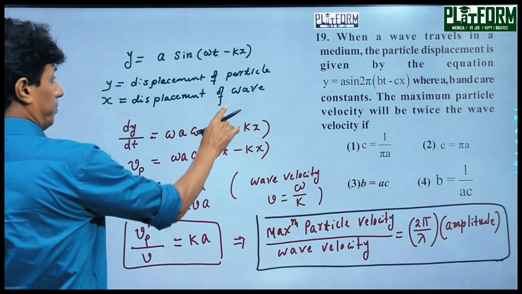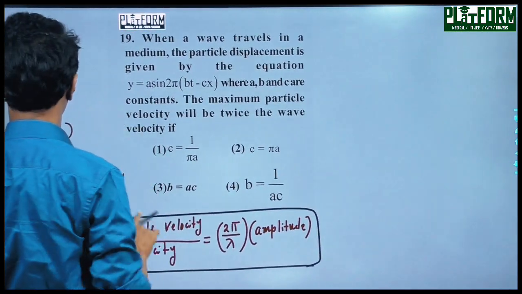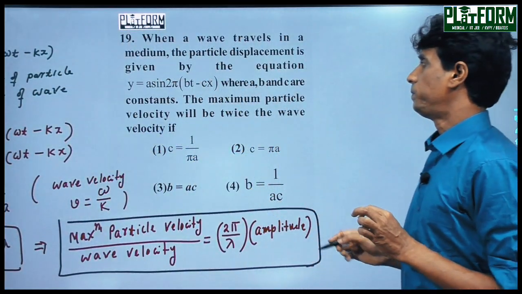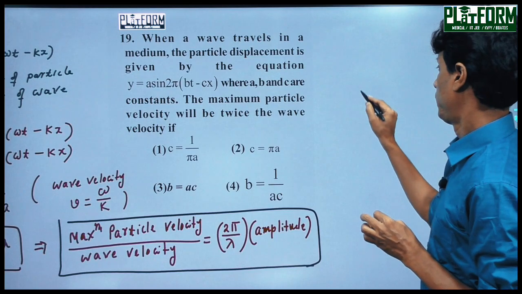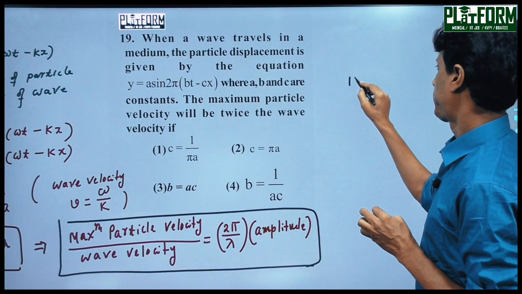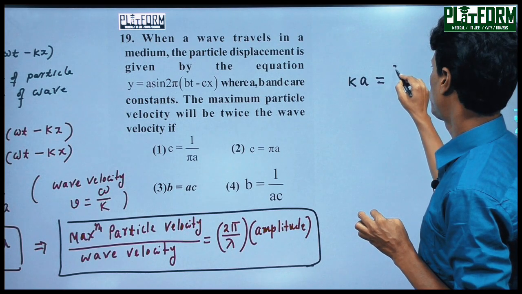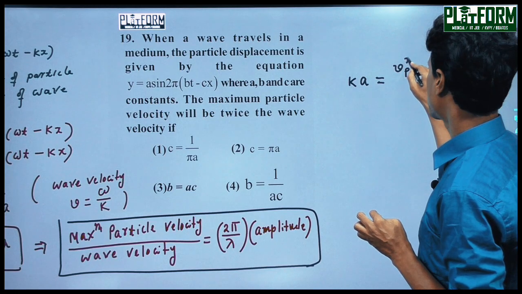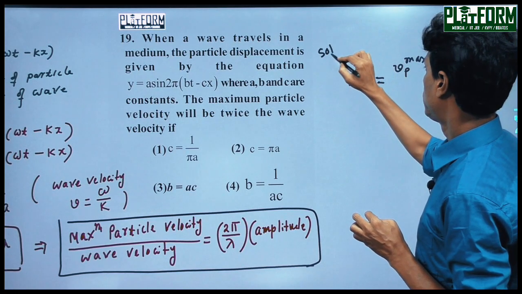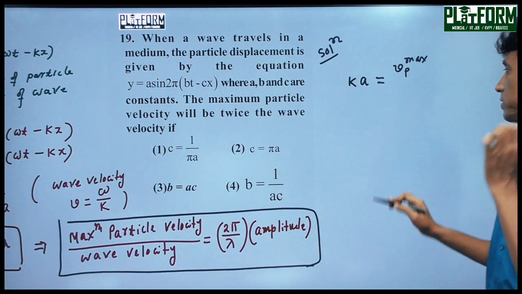And here in this problem, k into a is equal to Vp max. In the solution of this problem you should write only this.